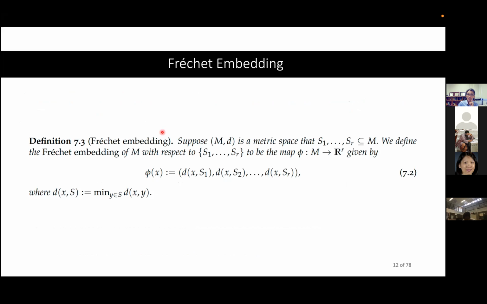That is exactly how they are constructed in Bourgain's theorem. So there seem to be some very deep implications in the combination of these two. Simply find k anchor points in our space, and then my embedding will be the distance to each of these k anchor points. That embedding is a very good representation of the metric structure of my overall data set. It seems to be a very elegant and simple way of constructing an embedding.